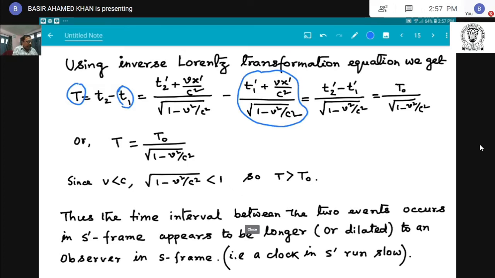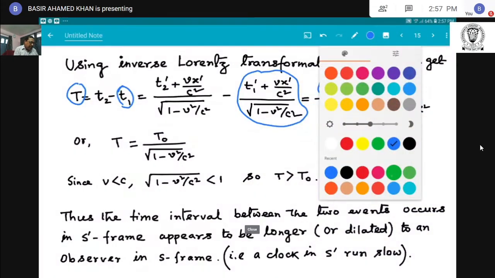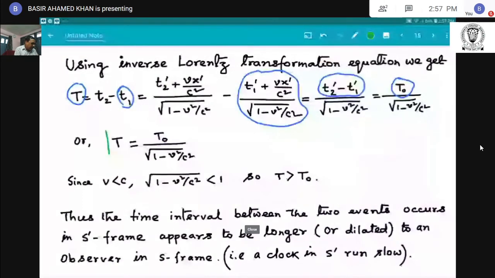That means t2 prime minus t1 prime divided by root over of 1 minus v square by c square, which equals t0. Therefore t becomes t0 divided by root over of 1 minus v square by c square. So this is the expression relating t and t0.